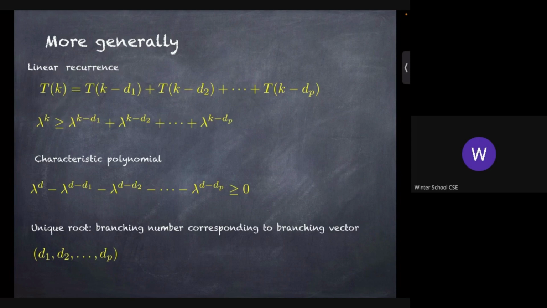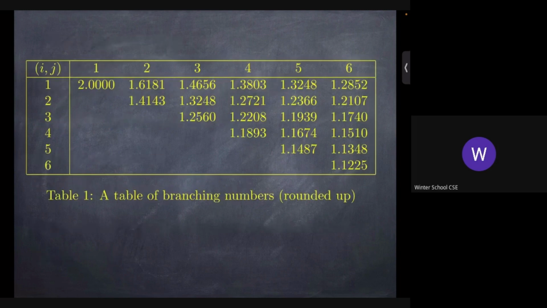The branching vector just corresponds to the constants by which we decrease the parameter in every subproblem. And of course, people have been doing this for ages, and if you start doing branching, one thing you could do is write your own program to compute the roots of the polynomial, which is doable, right?